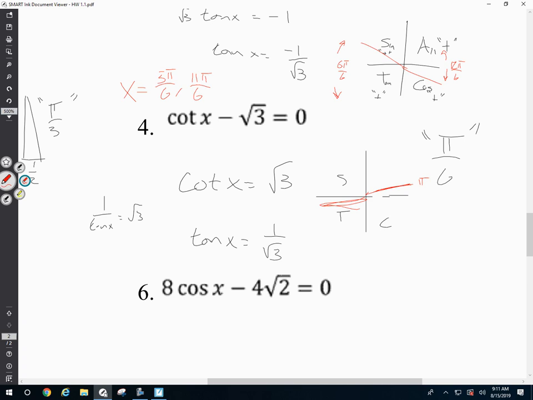This would just be pi over 6. This, I start with 6 pi over 6. I'm going counterclockwise. Counterclockwise is adding. So I'm adding a pi over 6 to get there. That's 7 pi over 6. Okay, so that's my solutions. X is pi over 6 and 7 pi over 6.